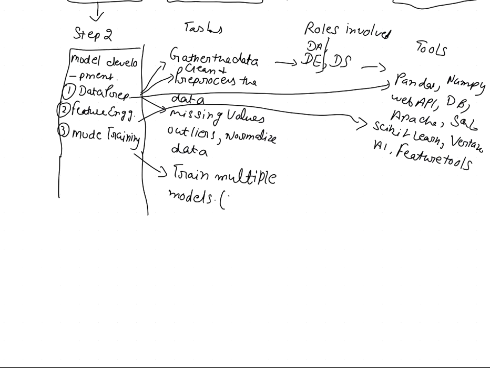It can be random forest, linear regression. Okay, it can be a deep learning neural network. It depends. Here you are going to use supervised, unsupervised, reinforcement machine learning according to your problem.